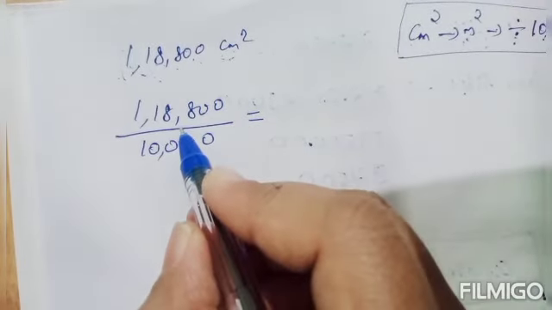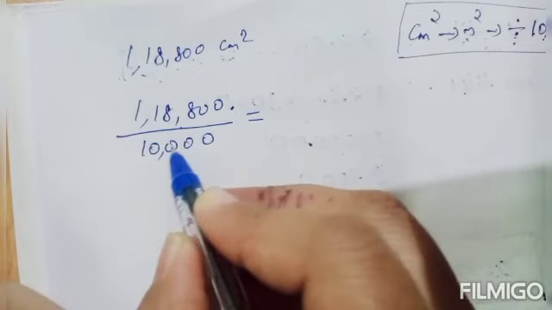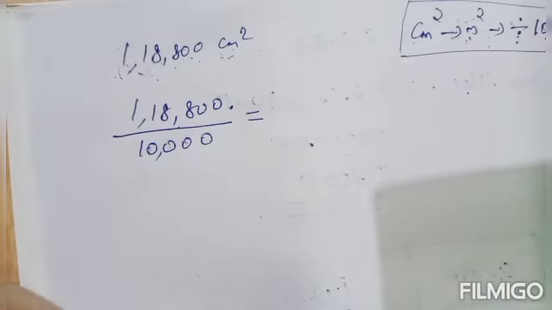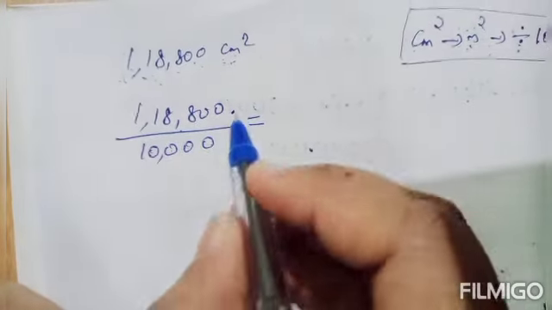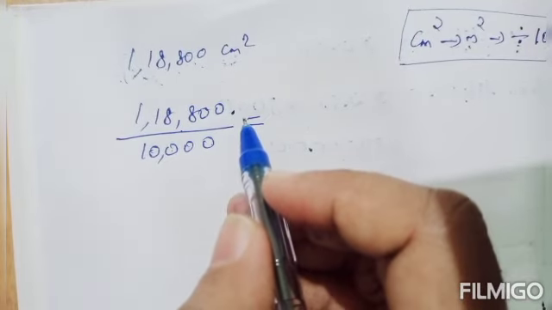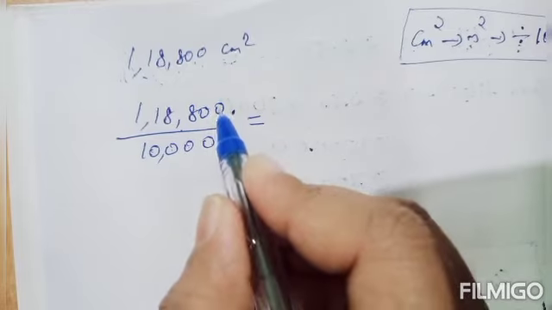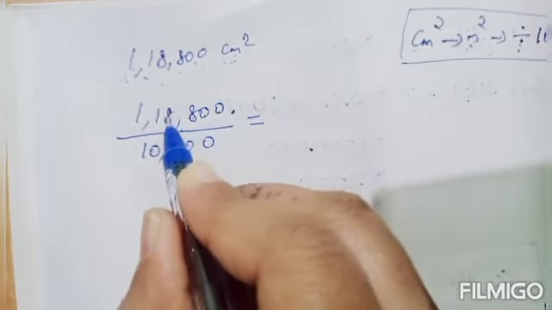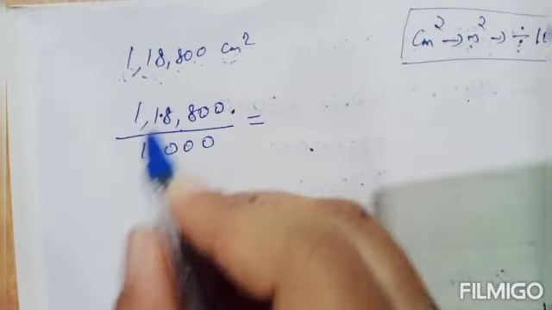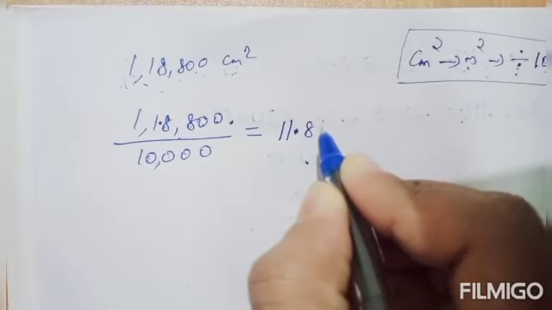Okay, so division by 10,000, the decimal point will move 1, 2, 3, 4 places to the left. That you know. Okay, here is the decimal point. So the decimal point will move 4 places to the left. This is division by 10,000. So this is 1, 2, 3, 4. You will get the decimal point here. So the answer is 11.88.